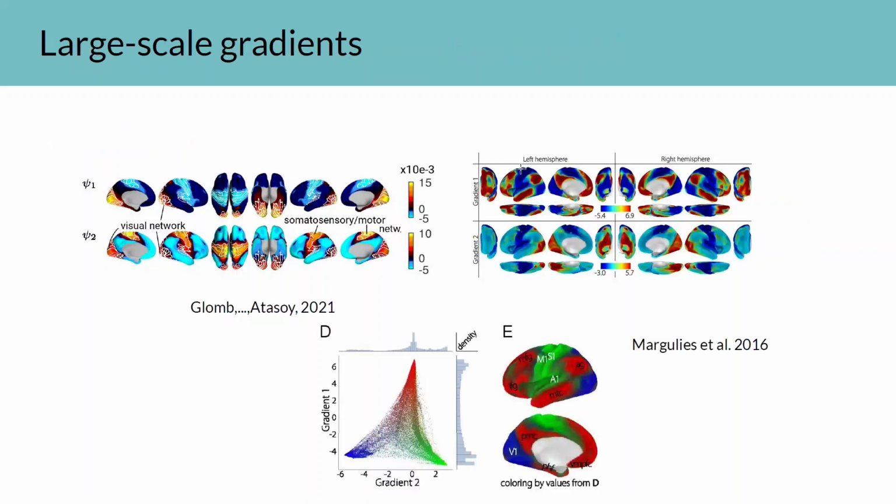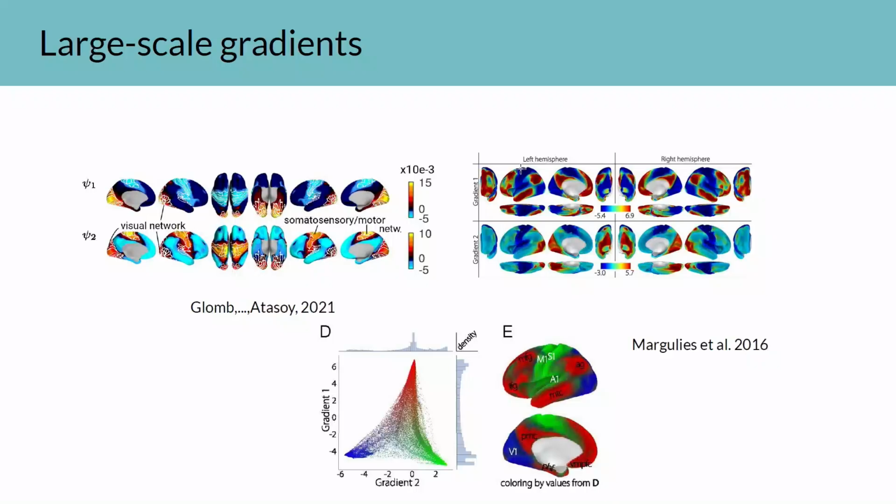And here, I'm just showing the first two, and many of you will be familiar with this picture. I'm showing the one from this wonderful paper from 2016 from Margulies and others. If you look a bit more closely, you will see that we reproduced this perfectly, so it's exactly the same.